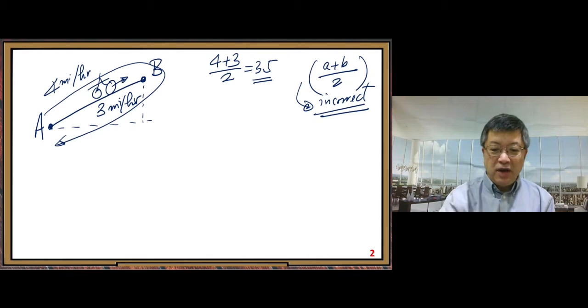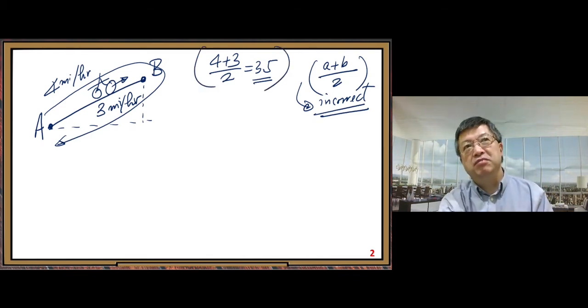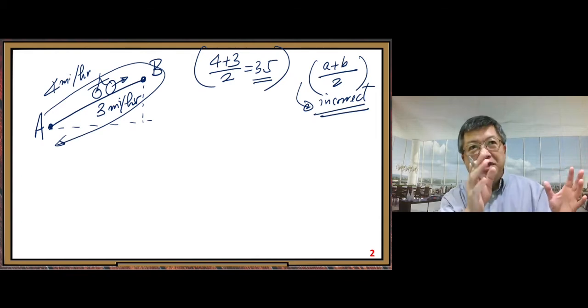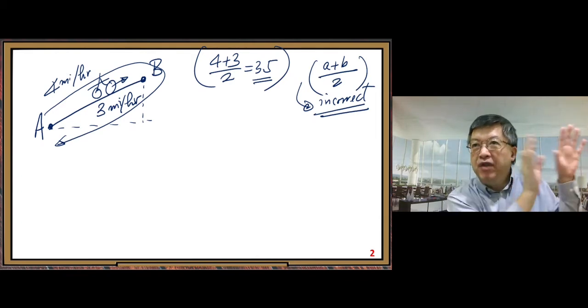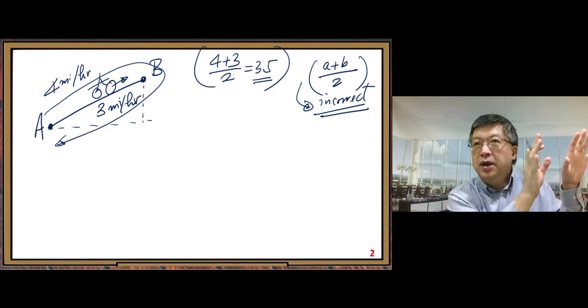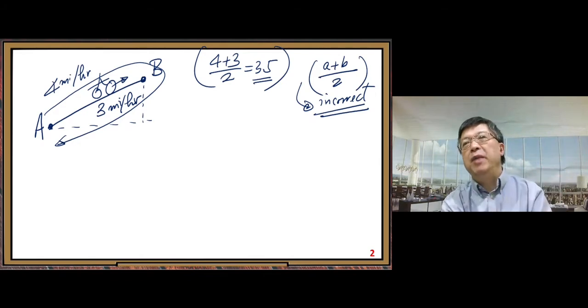I believe probably 80% of you will give me this answer. It's incorrect. How to get the correct answer? We need to go back to our fundamental of the average, from the previous slide. We just use that.